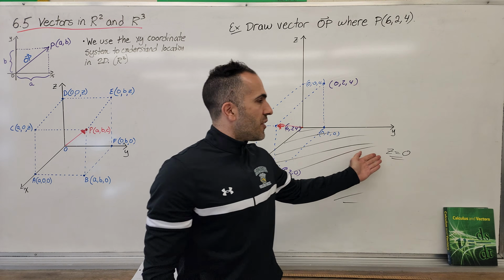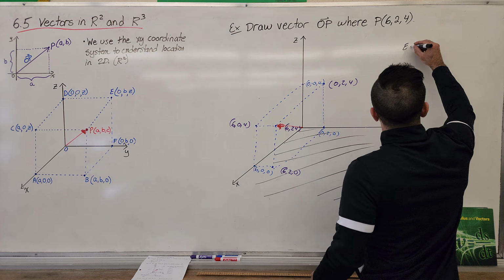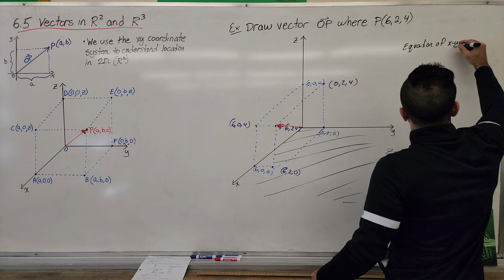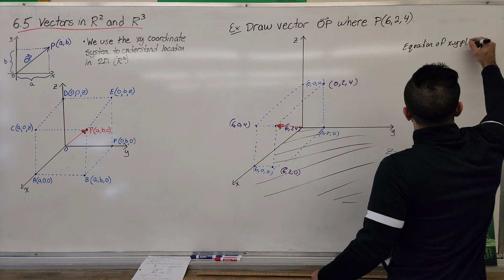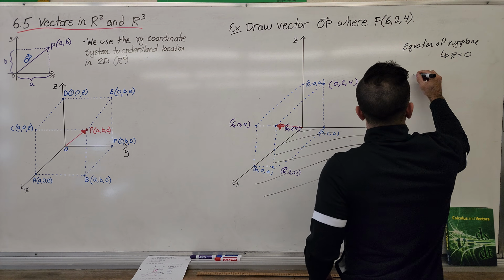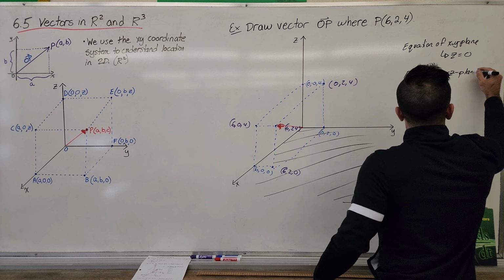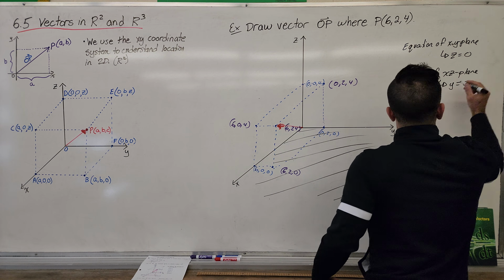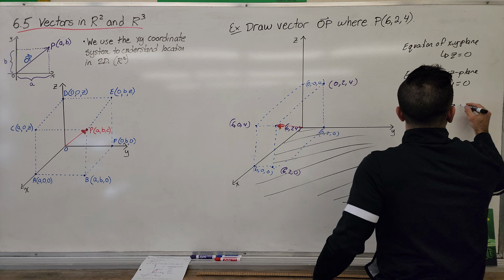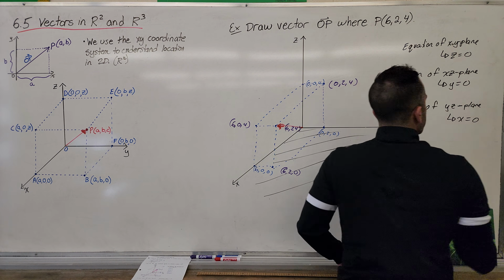So we call this the equation of the xy plane: z equals 0. The equation of the xz plane is y equals 0. And the equation of the yz plane, obviously, is x equals 0. Okay?